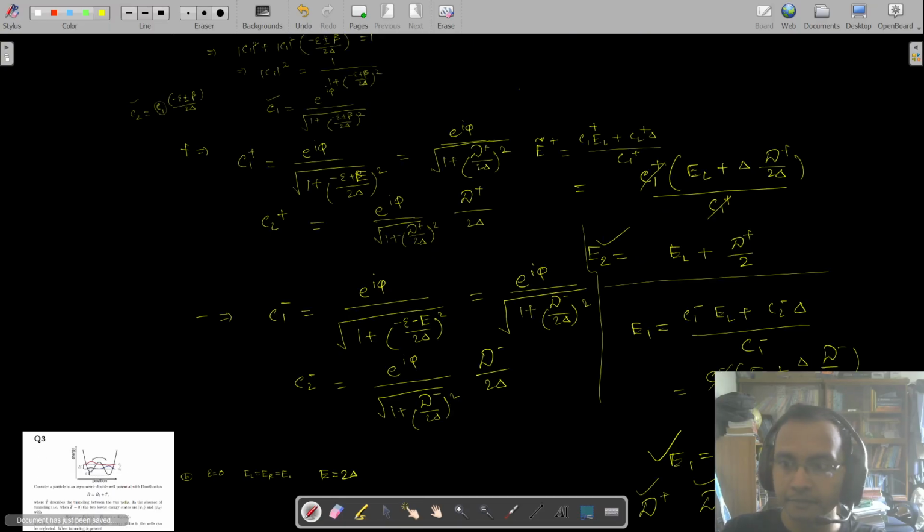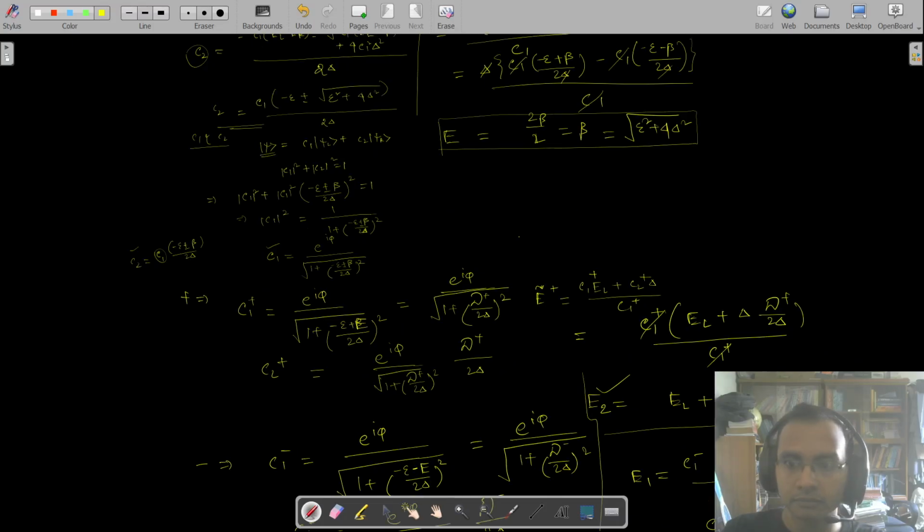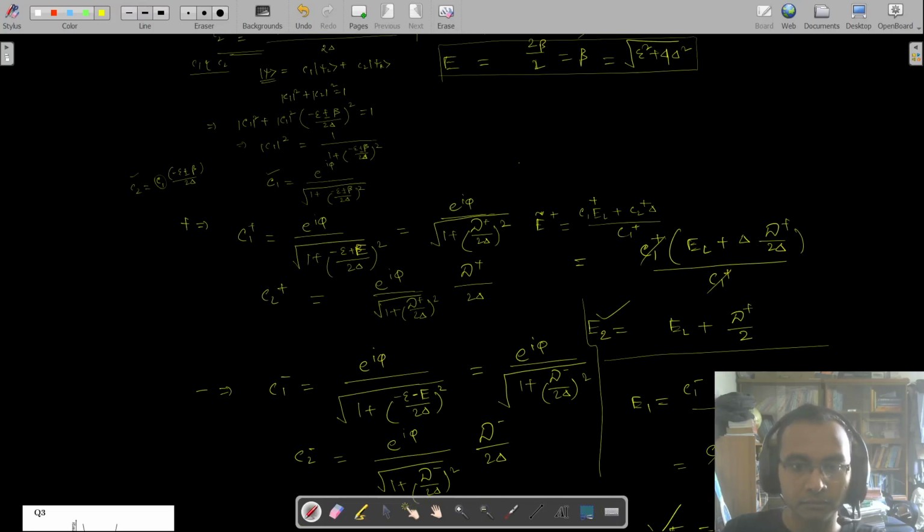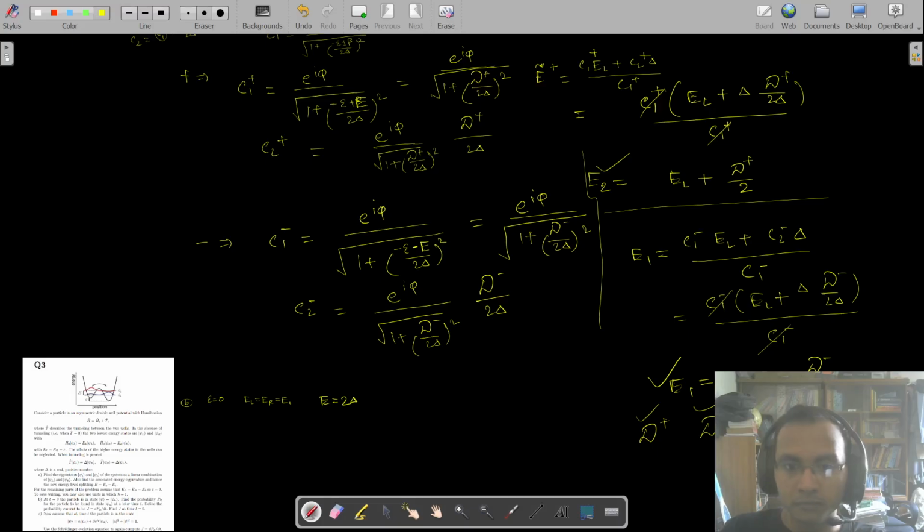and that implies this. If we look at C1 plus, this would mean 1 plus 2 delta by 2 delta squared, right?